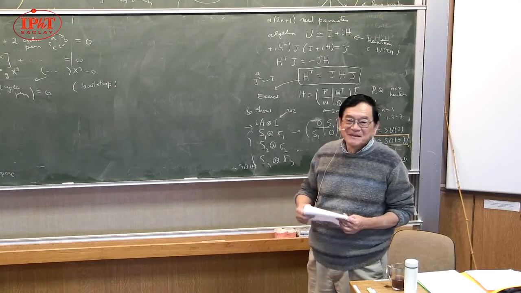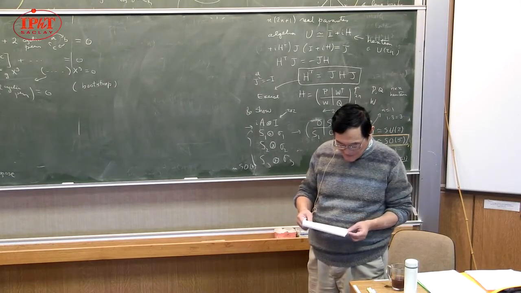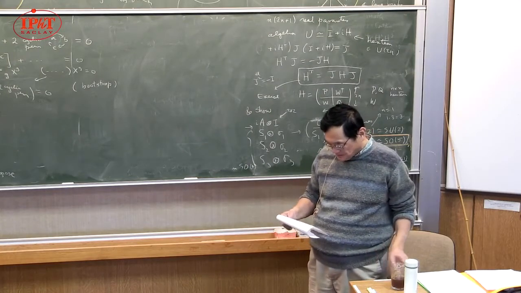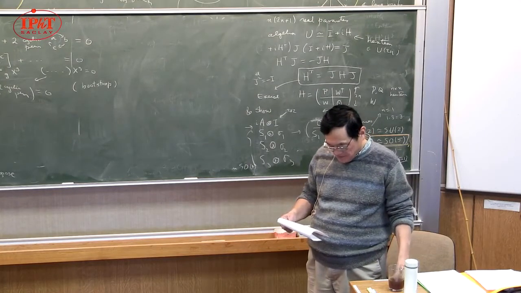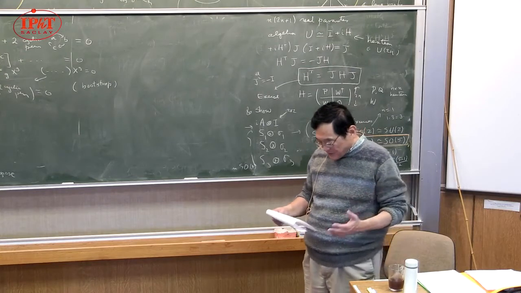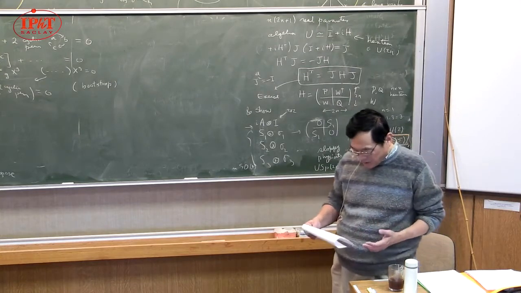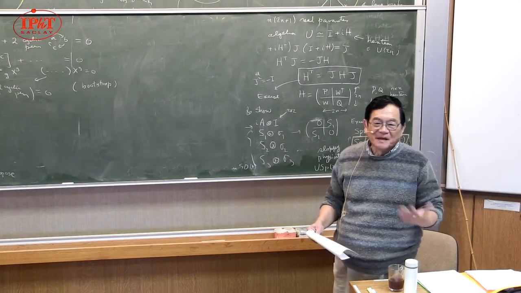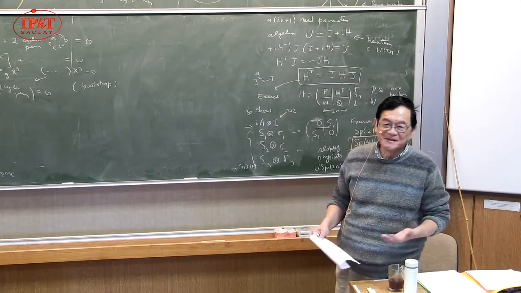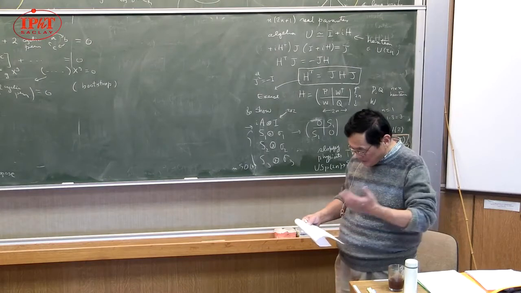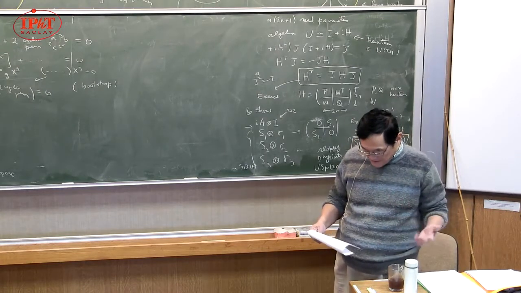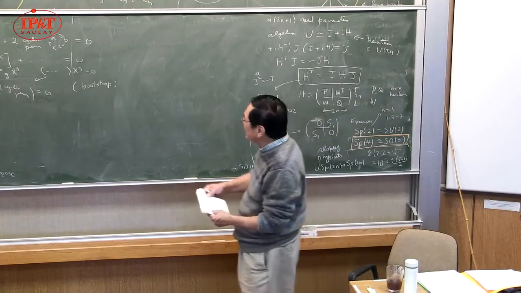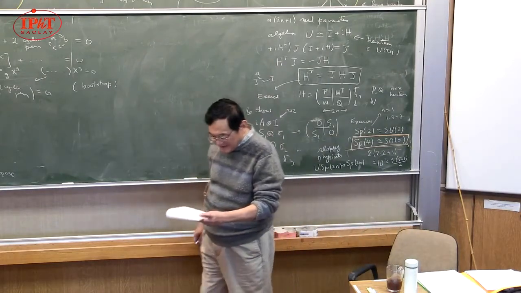And the people that went to the West Coast have to quickly learn quantum field theory on their own. If they're smart enough, like David Gross, who went to Berkeley, he quickly learned quantum field theory. But people who were not, they were lost. So anyway, that's a historical remark.